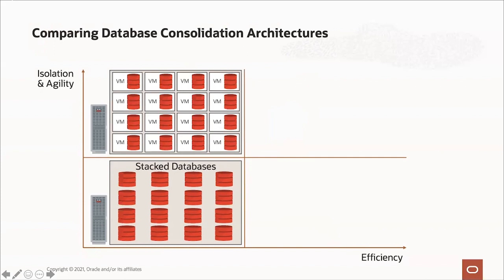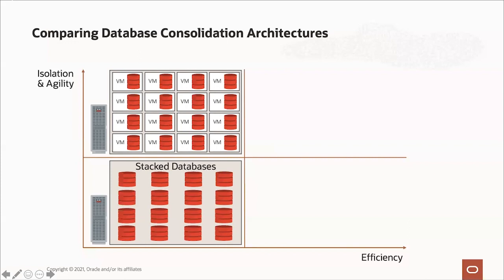So an obvious place to go from there, maybe thinking back a decade or so ago, would be to consider replacing each of those individual standalone databases with a virtual machine running a copy of the Oracle database in it. Maybe a more modern way of doing this would be to consider using Docker containers with each container running an Oracle database in it.